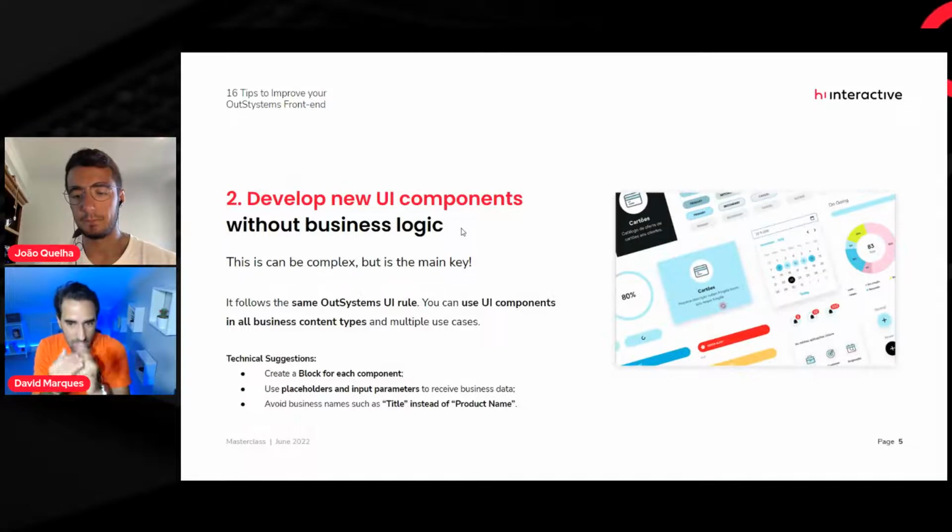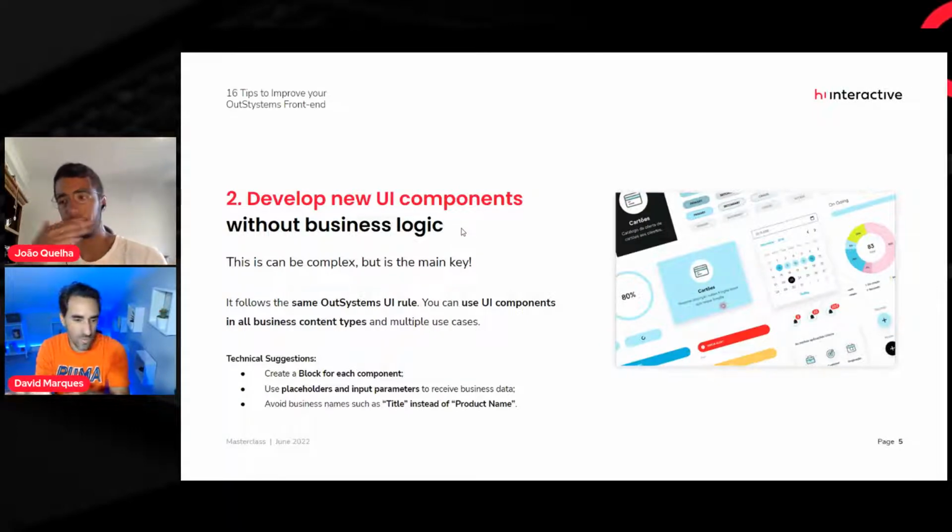Second, develop new UI components without business logic. This can be complex, but it's the main key. As you probably already know, OutSystems UI has this concept. You can use drop-downs, cards from OutSystems UI. All UI components from OutSystems UI can be used in many contexts.